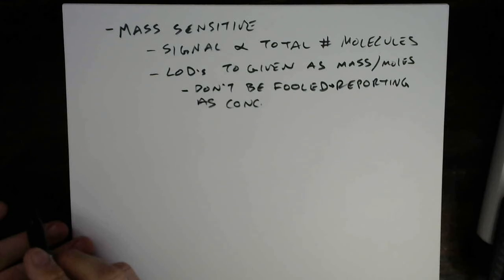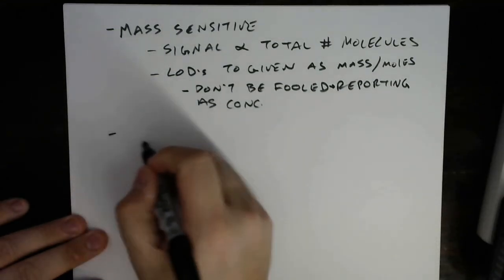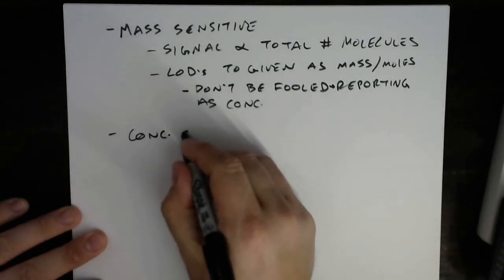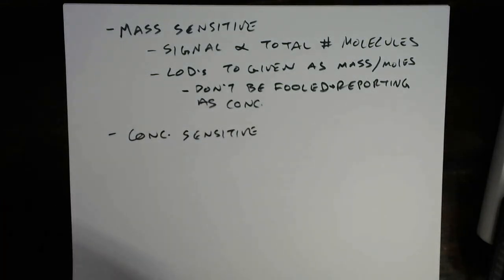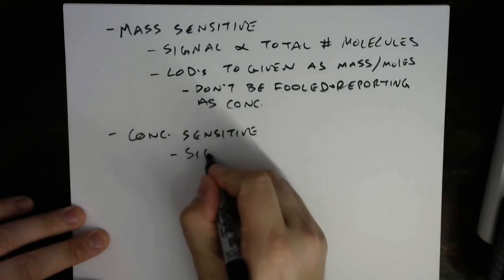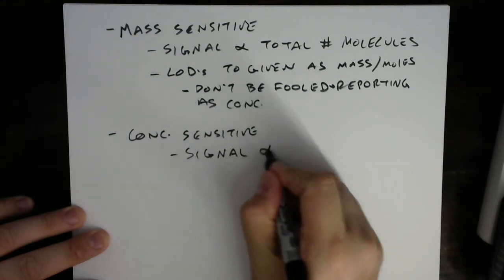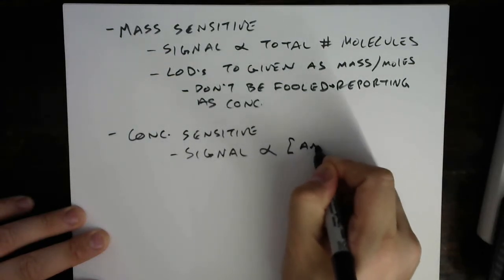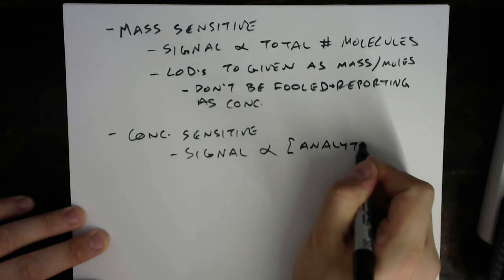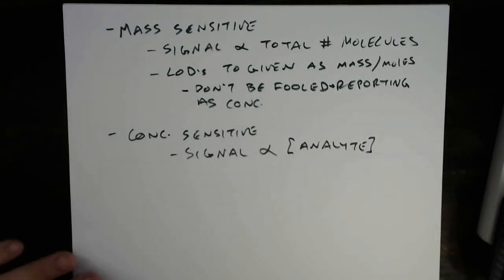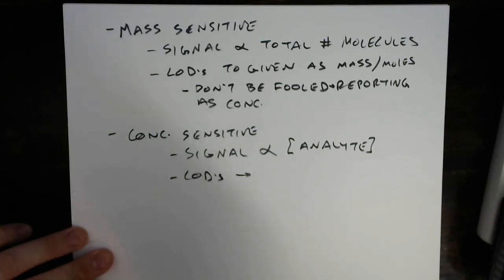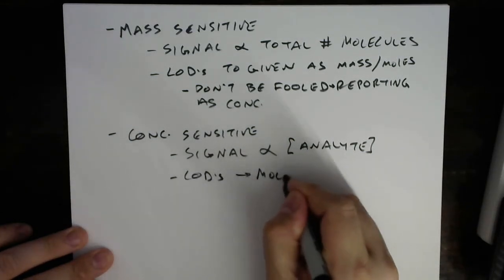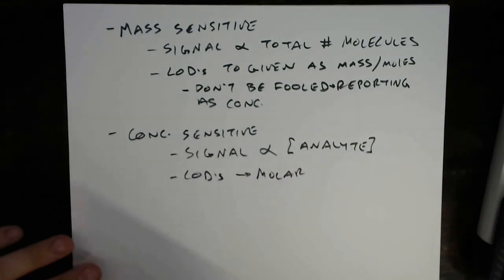Okay, so then the second is concentration sensitive detection, where our signal is proportional to the concentration of our analyte. And the LODs here should be given as some kind of concentration. So that's molar or variations of molar, right?